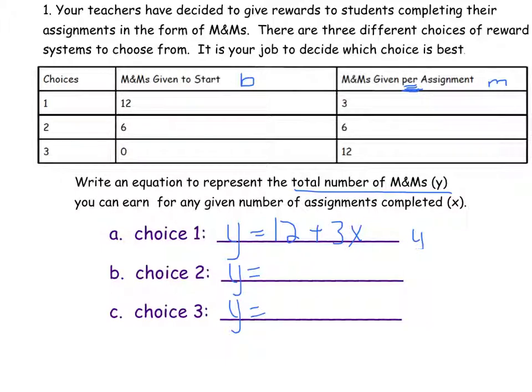We could have also written this in the actual y equals mx plus b, where the x term comes first. Either of these is correct, as long as you realize that 3 is your rate and 12 is your y-intercept. So choice 2, we get 6 up front plus 6 more for every assignment. In choice 3, we get 0 up front, so I'm not going to put that because it doesn't change the equation, but we get a whopping 12 M&Ms for every assignment that we complete.